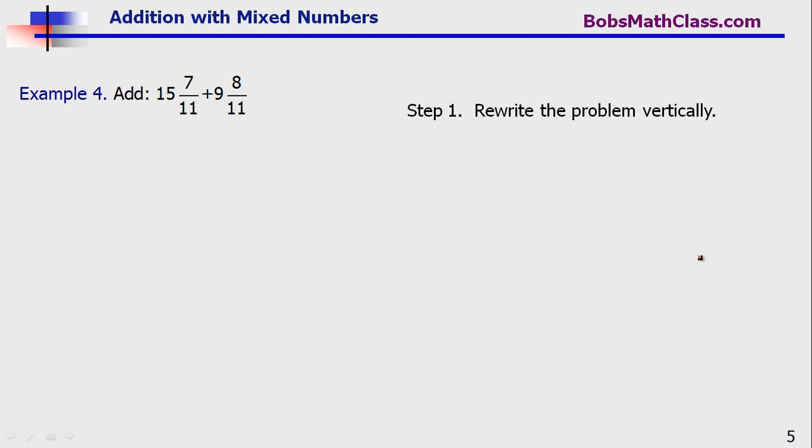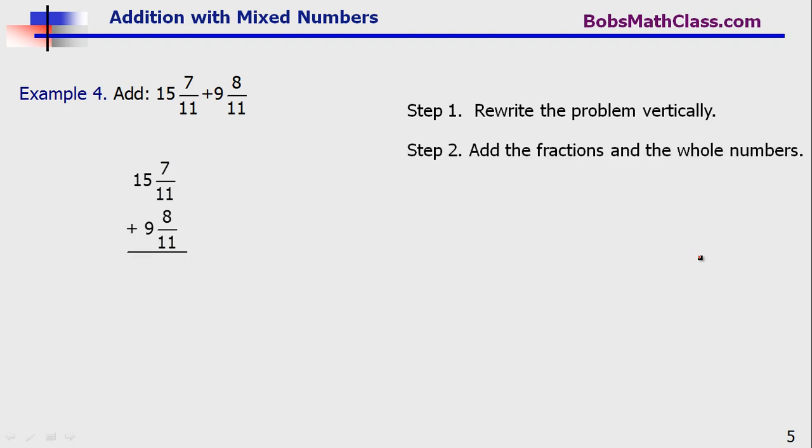Okay, so let's rewrite it vertically. And we could add the fractions and the whole numbers. So 7/11 and 8/11 is, well, 7 plus 8 is 15, so that would be 15/11. And we could have a 15 and 9, 24. All done?